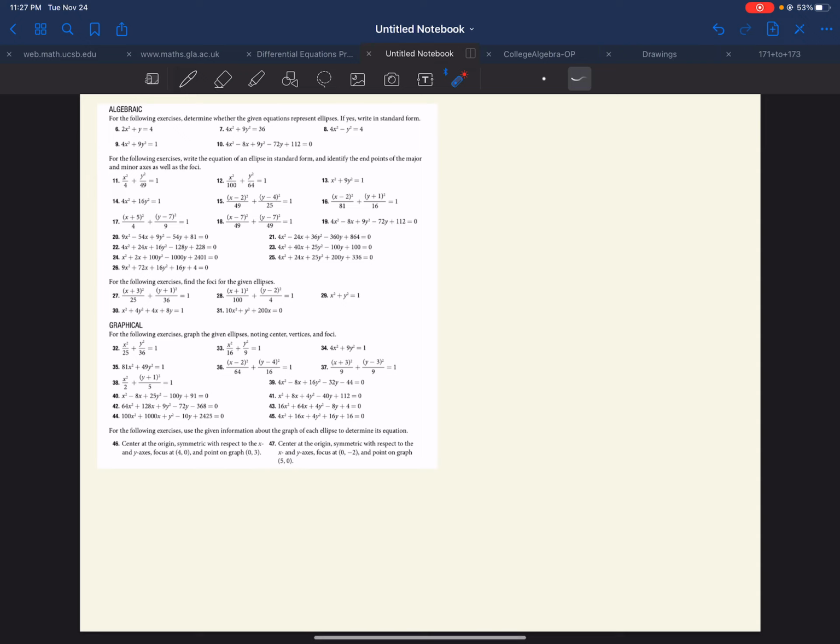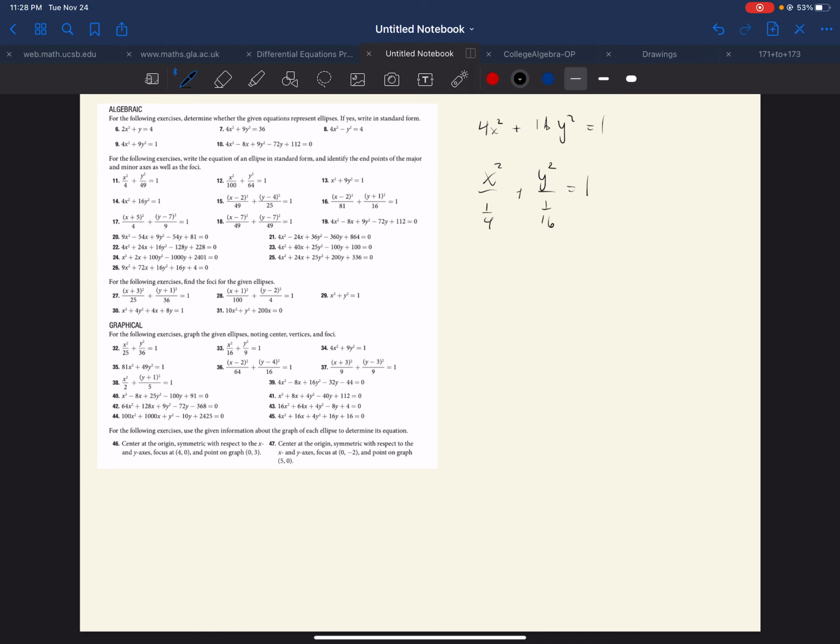Right now it says 4x squared plus 16y squared equals 1. That's not in standard form, so I'm going to make it x squared over a fourth plus y squared over 1/16 equals 1.